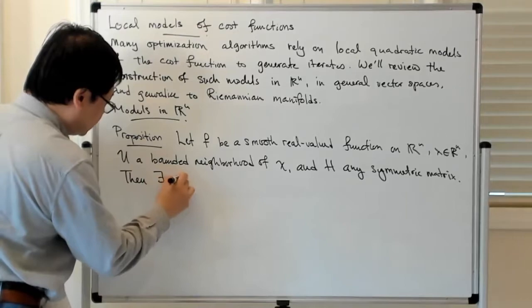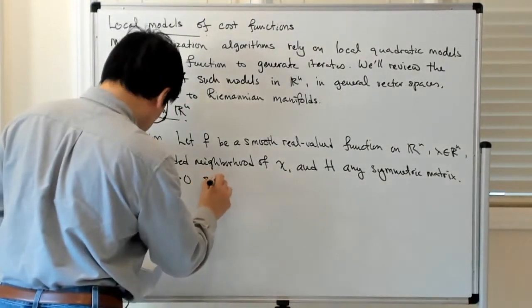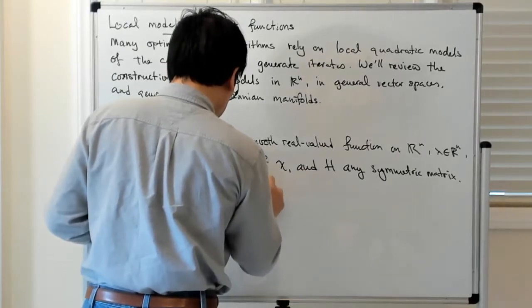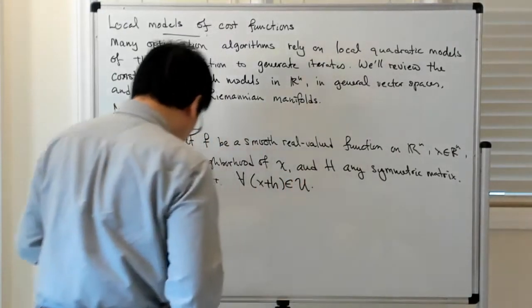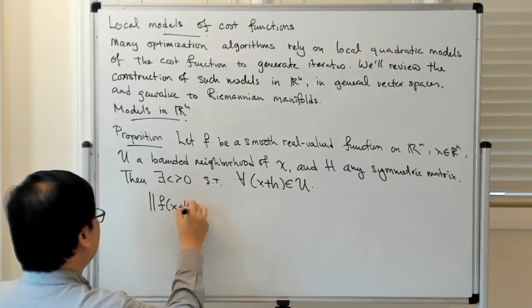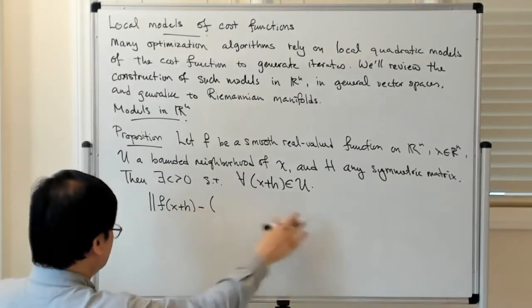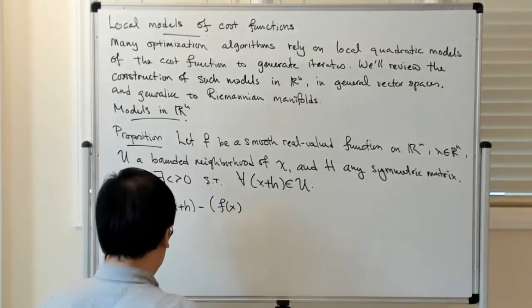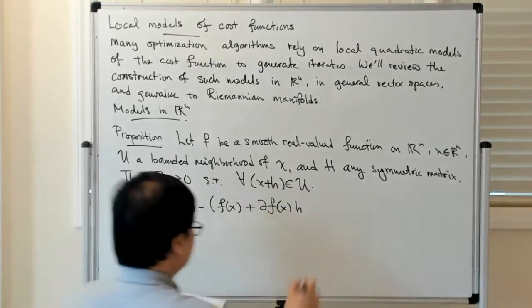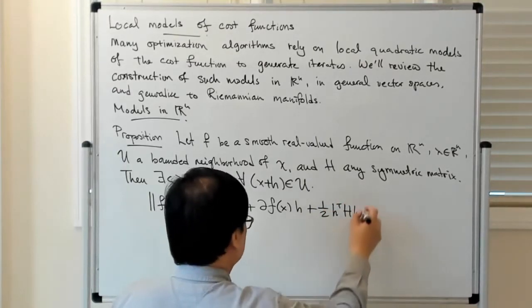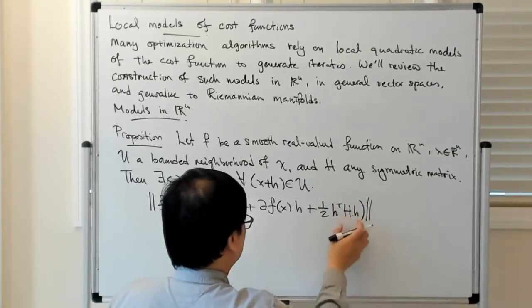There exists some constant greater than 0 such that for all points x plus h in this neighborhood U, if you look at the difference between f evaluated at the point x plus h and this quadratic model of it, which looks something like a Taylor expansion, so f of x plus the derivative of f times h, plus a quadratic term, 1/2 h transpose H h.